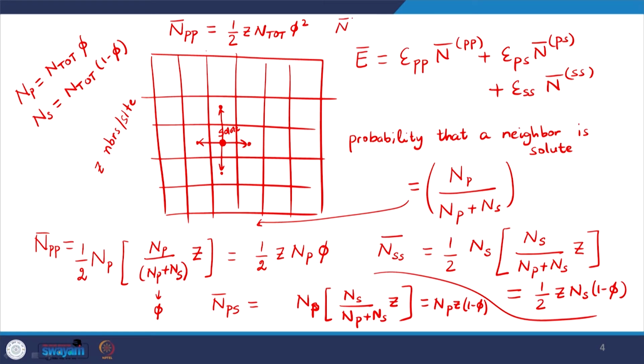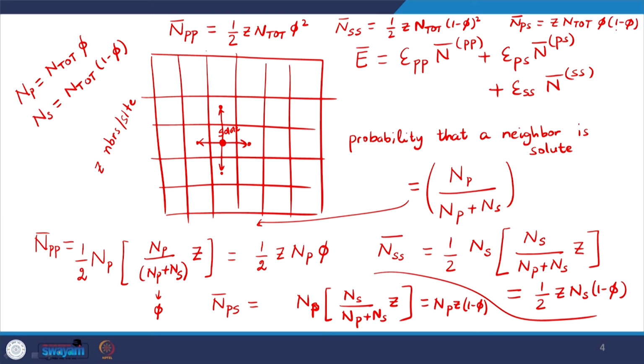The average number of solvent-solvent contacts similarly is half Z N tot 1 minus phi square, and the average number of solute-solvent contacts is Z N tot phi multiplied with 1 minus phi.